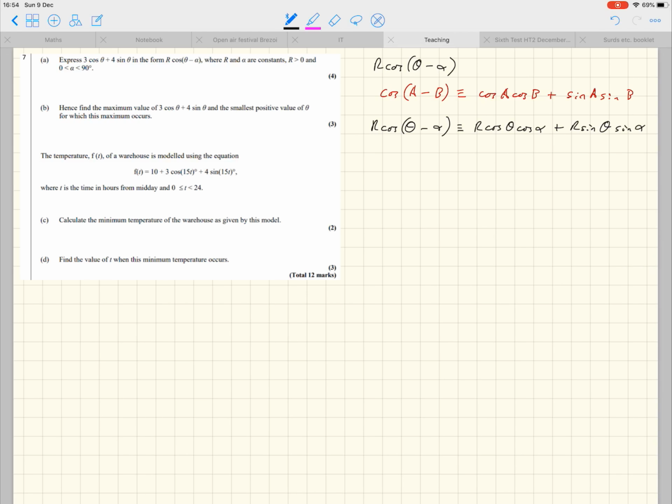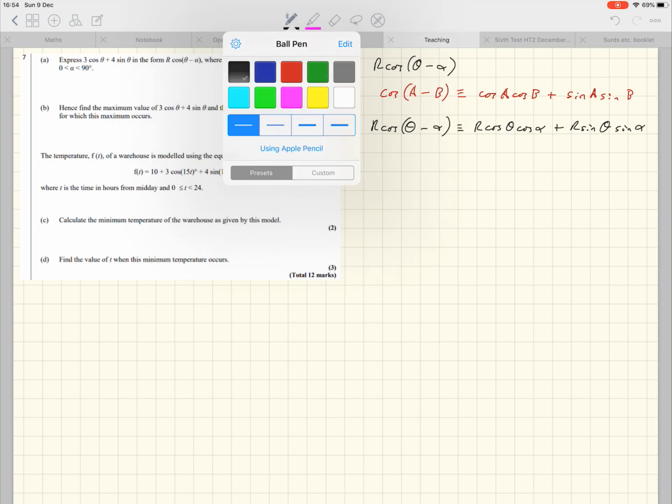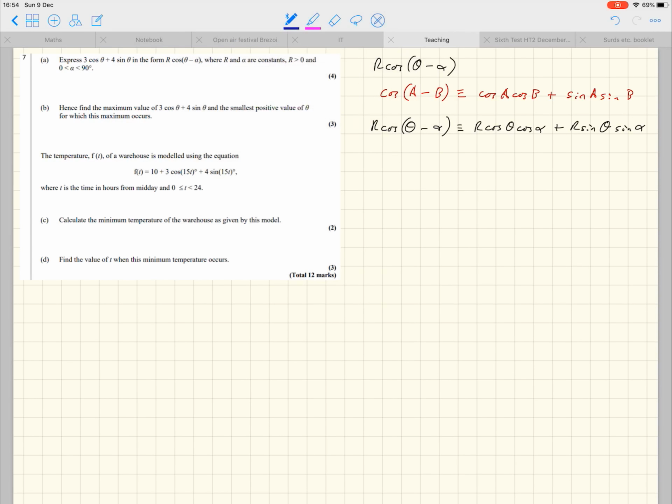Now compare that to the 3 cos theta plus 4 sine theta we've been given. If we write that underneath, we've been given 3 cos theta plus 4 sine theta.